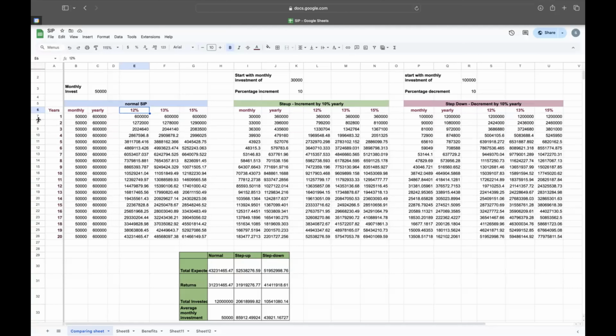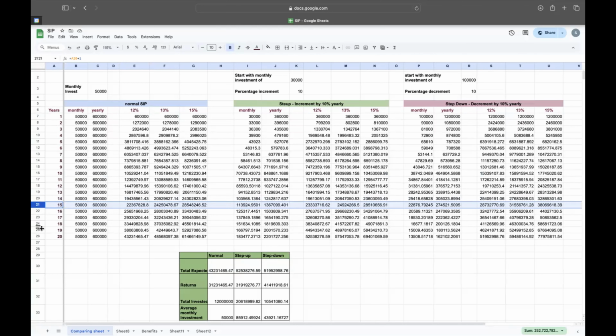So I start to invest 50,000 every month, and for me to get the first crore, it will take 10 years with 12% returns. For my next crore, it takes only 5 years.